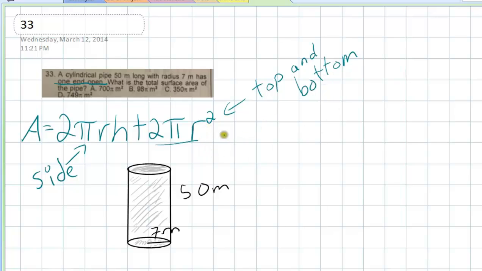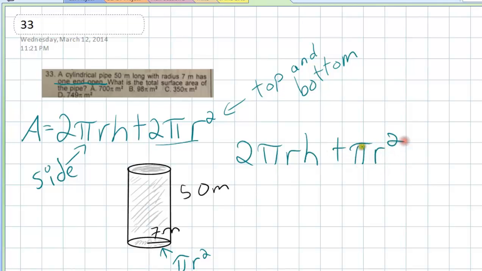The reason it's 2 pi r squared is because for just one of these, the top or the bottom, the area is pi r squared, and there are two of them. One of them isn't there, so we won't count it. So this time, the area for this specific cylinder that has one end open is going to be 2 pi rh plus pi r squared.